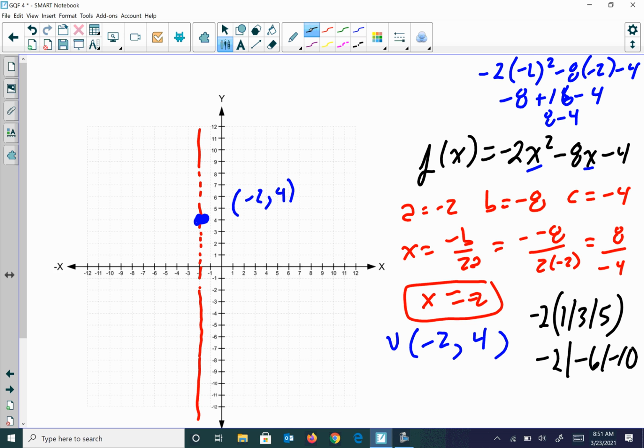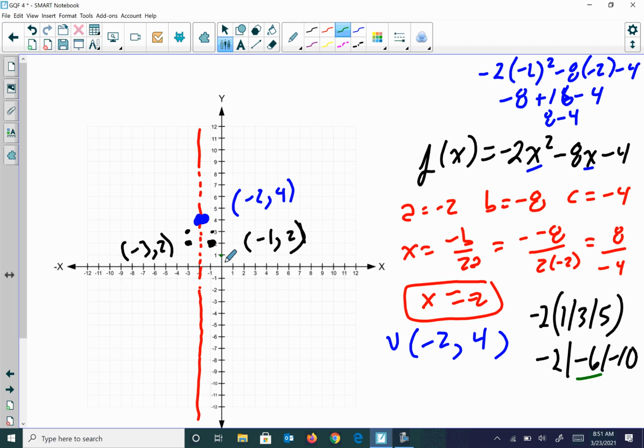All right, go back to the black. All right, so I'm going to go right 1 down 2. Left 1 down 2. So that's the point negative 1 comma 2. That's the point negative 3 comma 2. Okay. You get the next point? I'm going to go right 1, left 1, down how many? 6.